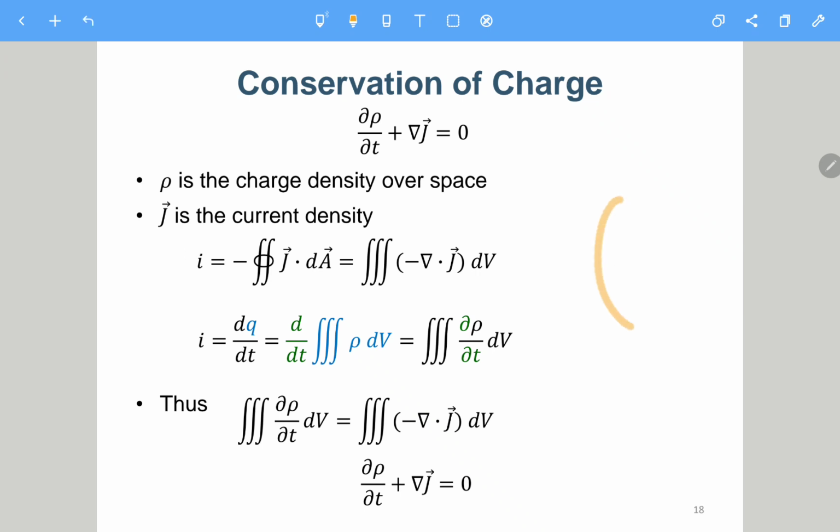For a surface, if we consider the current going through this surface, then we will consider J dot dA. But here we have a negative sign, referring to something like J dot dA.